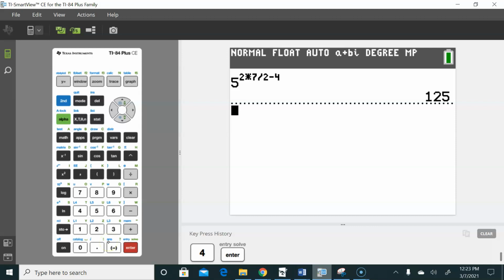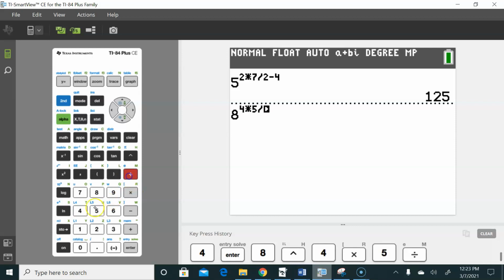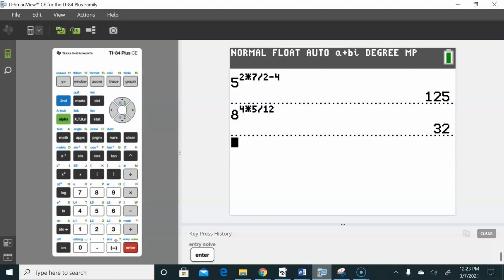The next one, my solution was 5/12, so 8 raised to the 4 times 5 divided by 12, and I get 32. They both check out. So when you're done, you can check on the calculator if you get a proper solution.